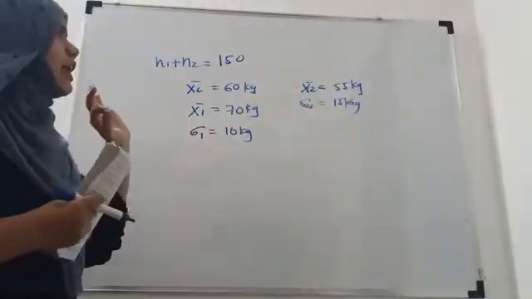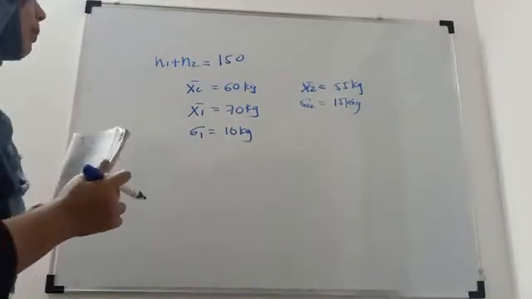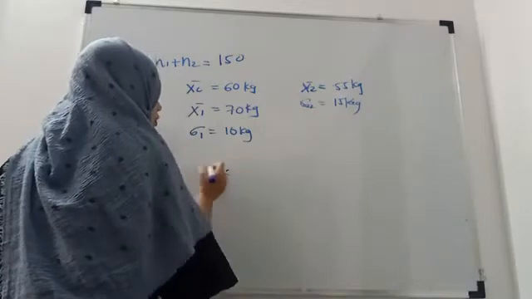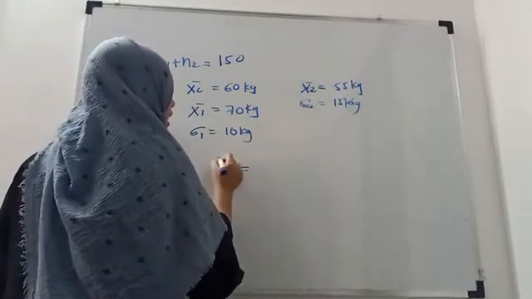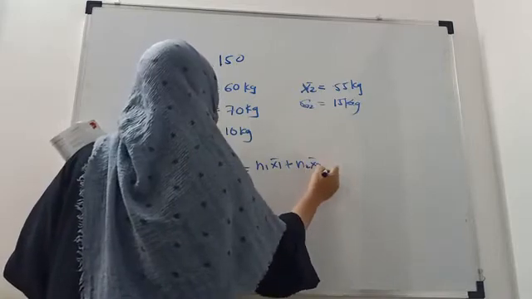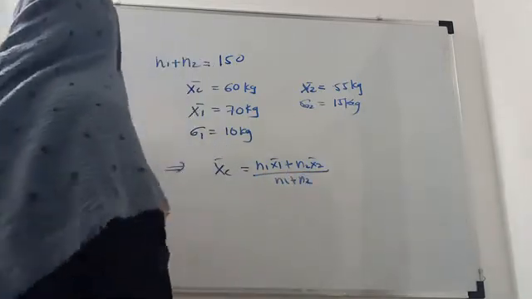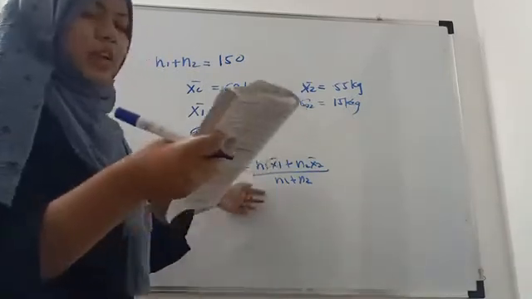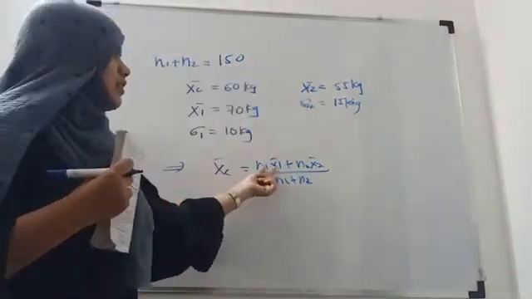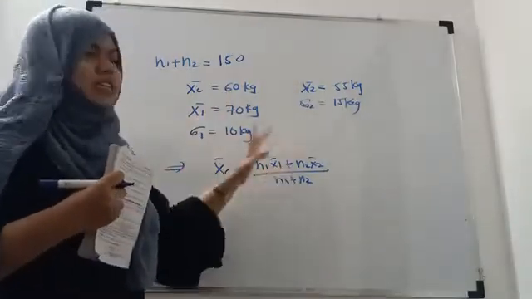So if we use the formula for the combined arithmetic mean, what is the formula? Xc bar is n1 x1 plus n2 x2 divided by n1 plus n2. So from here we will get one equation, as n1 plus n2 is known to us, and x1 and x2 are also known to us.